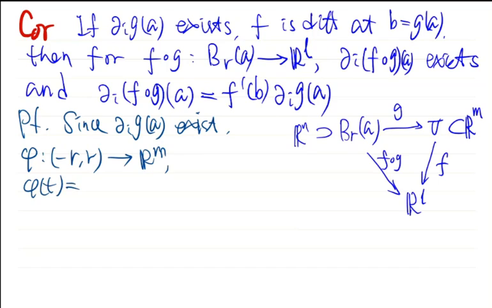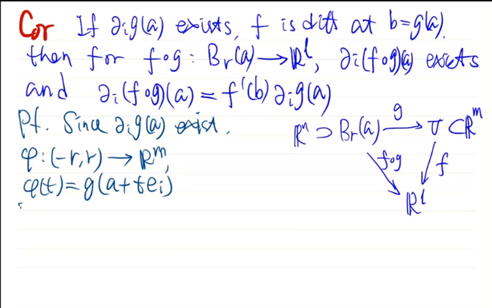Phi(t) is g(a plus t e_i). e_i is the i-th basic vector, 0, 0, 0, 1 in the i-th slot and the other entries 0.